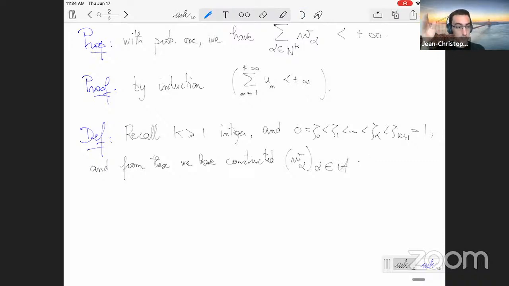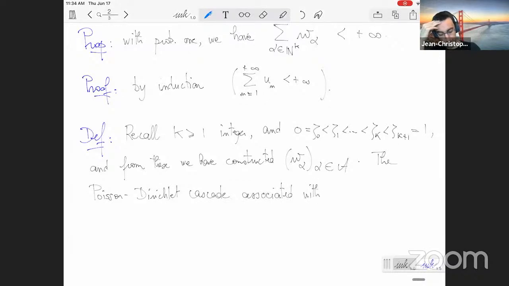The Poisson-Dirichlet cascade associated with these parameters, I'm going to denote as V alpha.